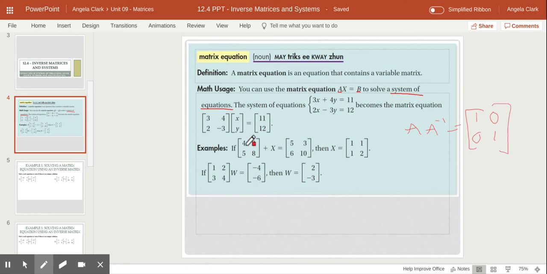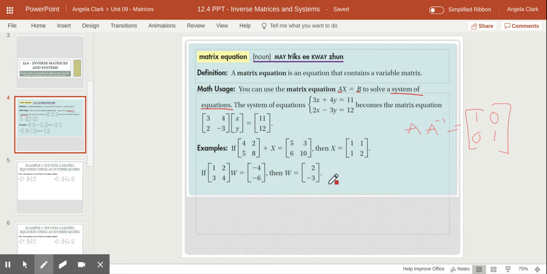And the identity matrix times X is just X, because remember the identity matrix, if you multiply it by something, it doesn't change anything. So I want to multiply by the inverse to get rid of what's on this side. So if I multiply the inverse on this side, I also have to multiply it on this side. And when I do that, whatever I get is going to give me my solution.